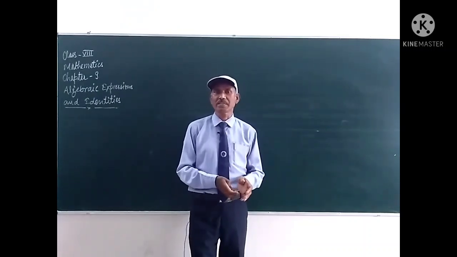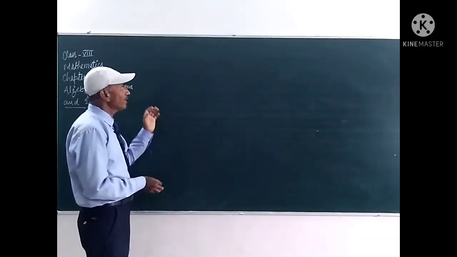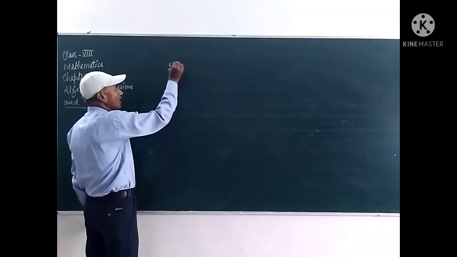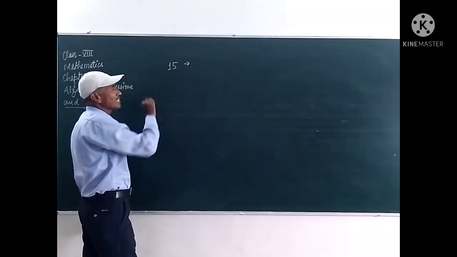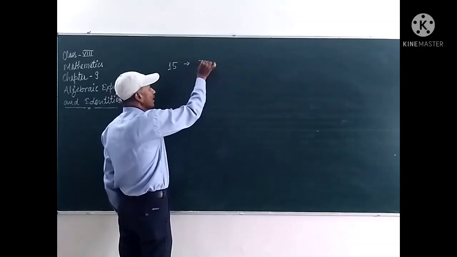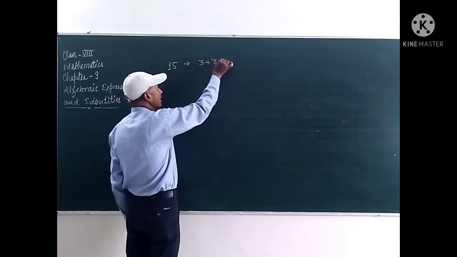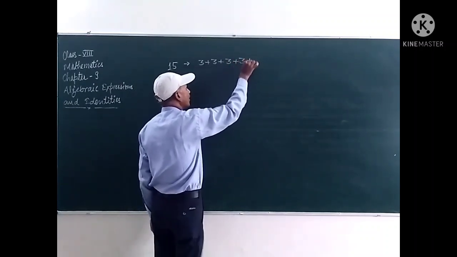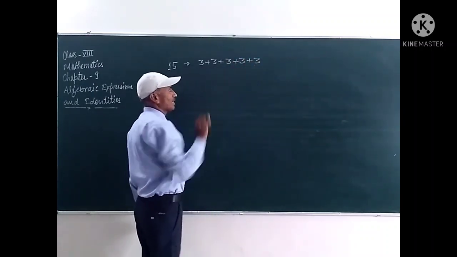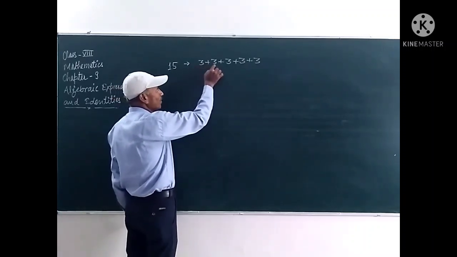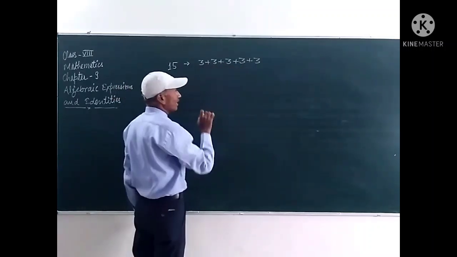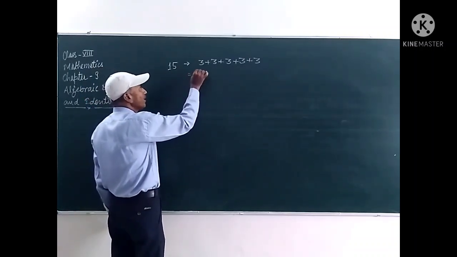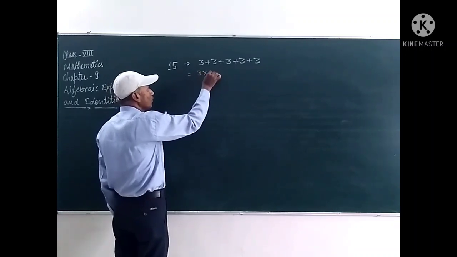What are expressions? Students, let us take a number, that is 15. We can express this number like 3 plus 3 plus 3 plus 3 plus 3, which is 5 times 3, or we can write it as 3 into 5.